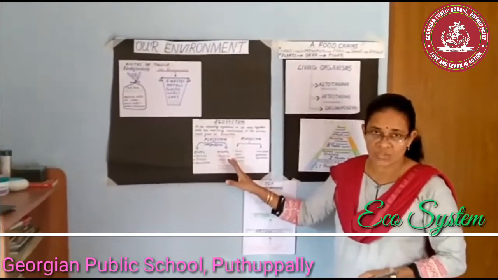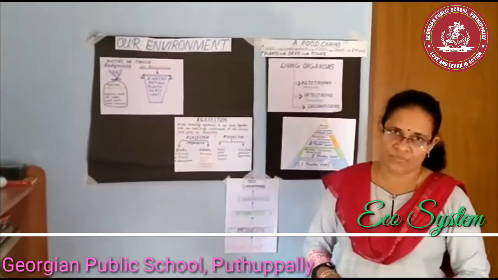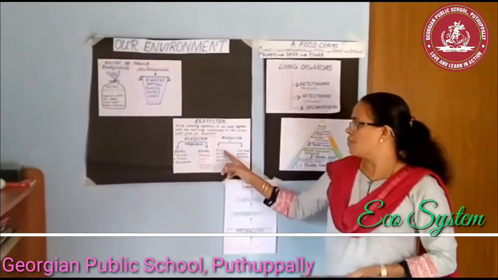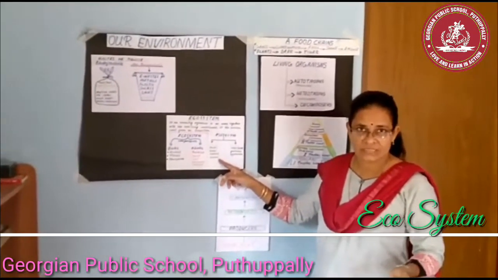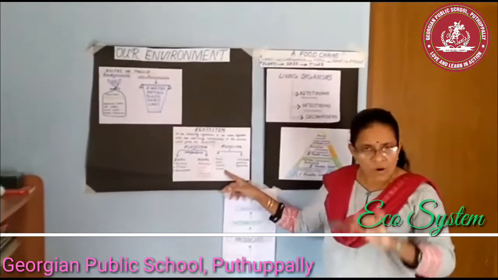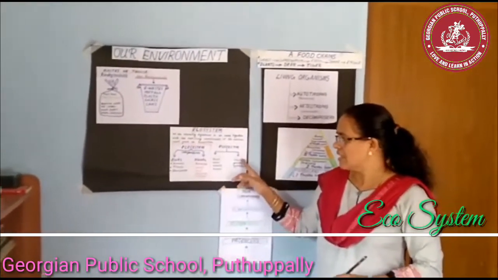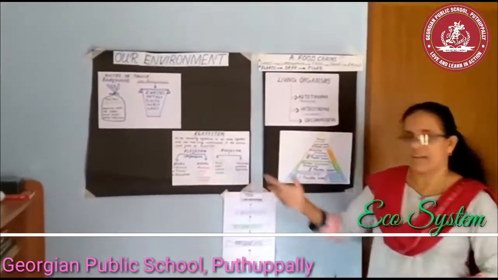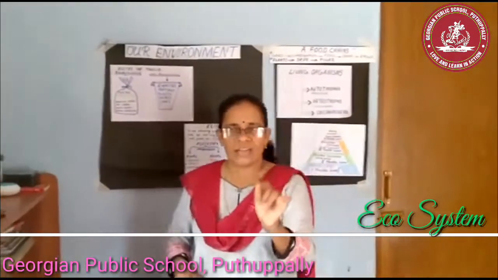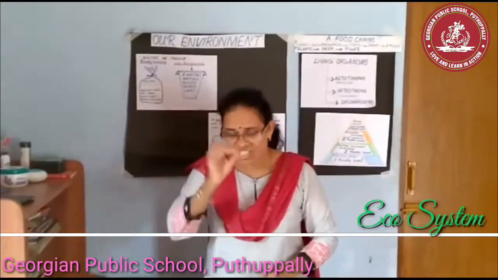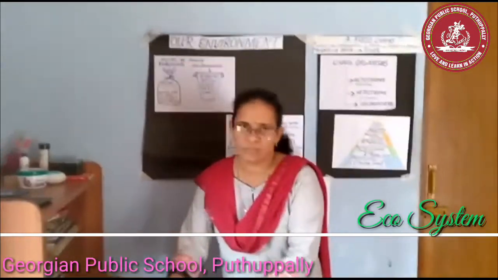First one is natural ecosystem. Second one is artificial ecosystem. Okay. So all ponds, lakes, forests, oceans, then desert, mountains, all these are examples of natural ecosystems. Then other than crop field and the gardens, there is an artificial ecosystem mentioned in your textbook, activity 15.3.